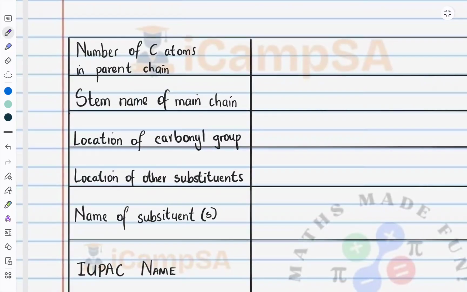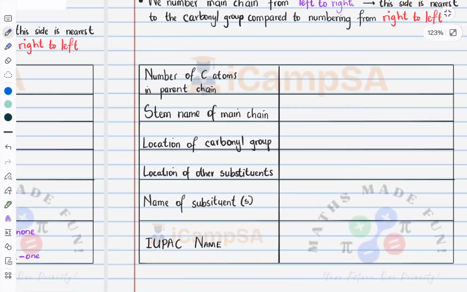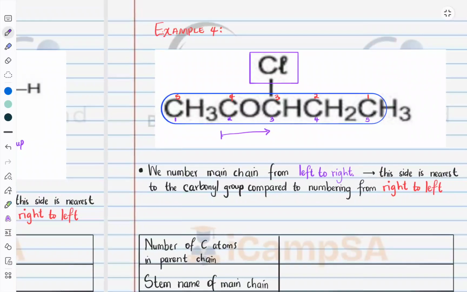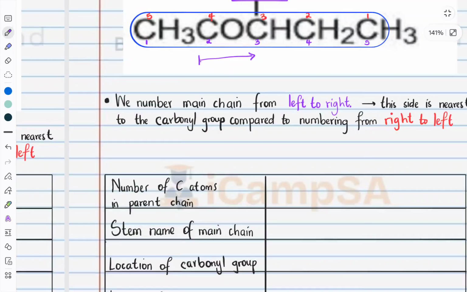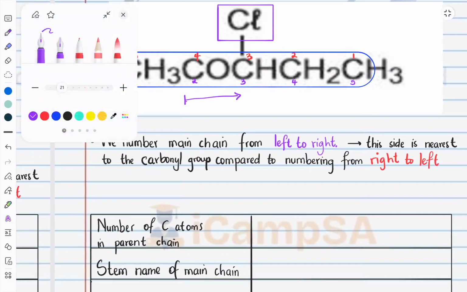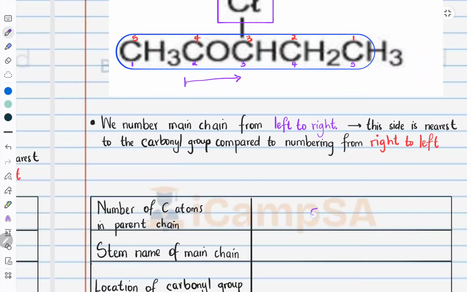The table that we have here is just for learning purposes, to allow you to think about these things step by step, because you don't just jump from, okay, here's my parent chain, to the final IUPAC name. You can, of course, with enough practice, which is what we are aiming for. With enough practice, you won't need to mark the parent chain. Maybe you might out of habit, and that's okay as well. But with enough practice, you will just be able to move faster with these things. Now, the number of carbon atoms in the main chain, we said there are 5.